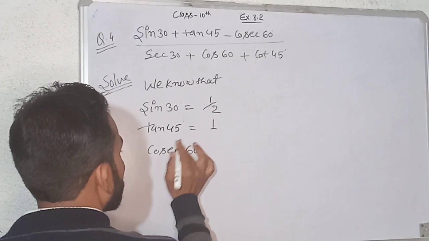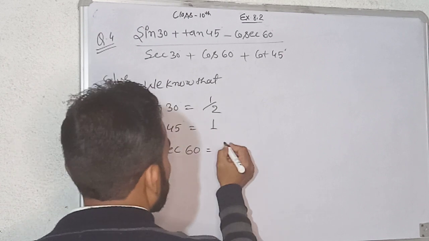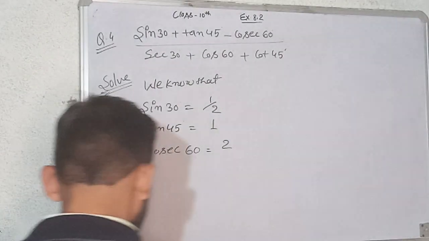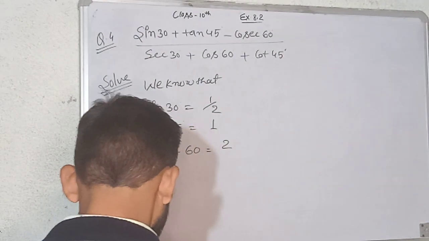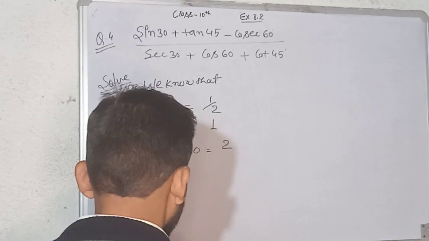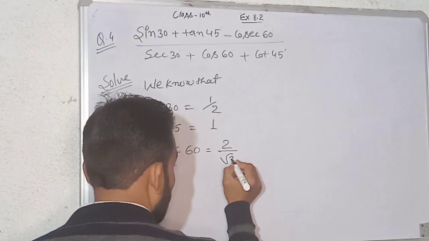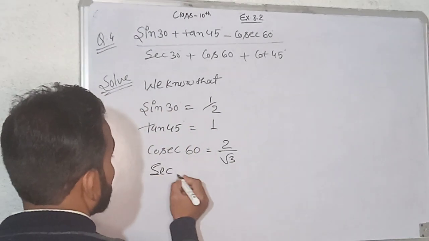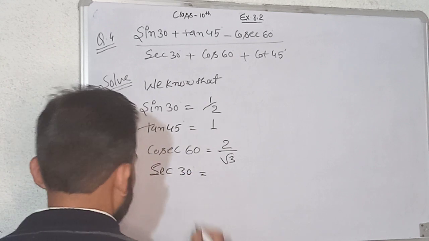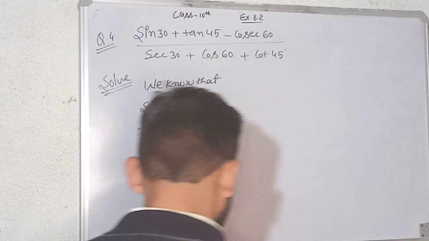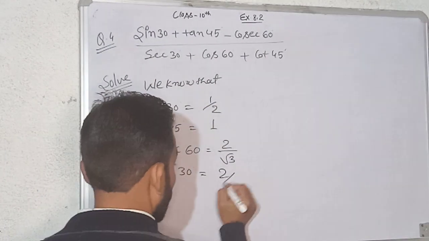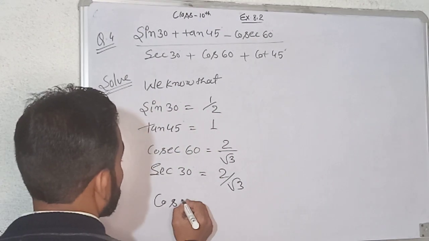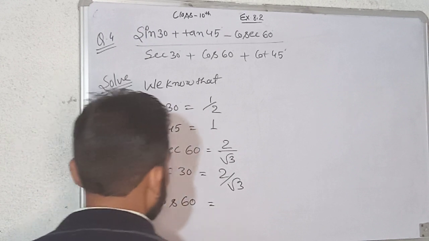Cosec 60 degree is equal to 2 by root 3, and sec 30 degree is equal to 2 by root 3.